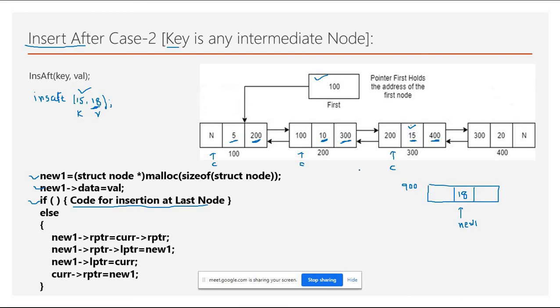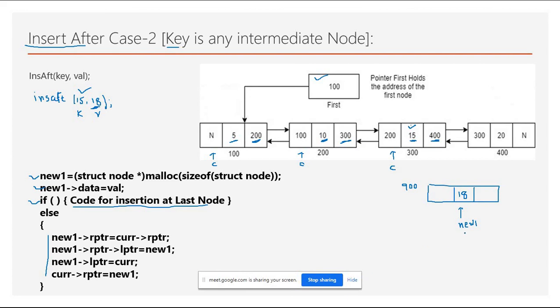Now we are checking the previous case, that is current's rptr is null. If yes, then whatever coding or discussion we made in the last slide, that code will be executed and the node will be inserted, right? If that is not the case, obviously, in that case we just need to execute this code, right? Here what you have written is new one point to rptr is equal to current point to rptr.